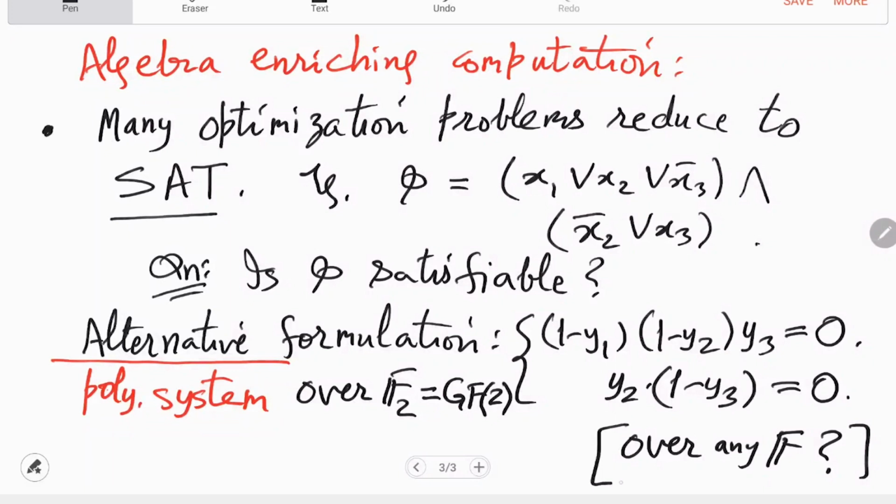So what you have learnt, bottom line, is that SAT is a canonically hard problem in computer science, and it is really a special case of polynomial systems over fields. Even checking whether a polynomial system over some field has a root, just the existence of a root, is at least as hard as solving SAT.